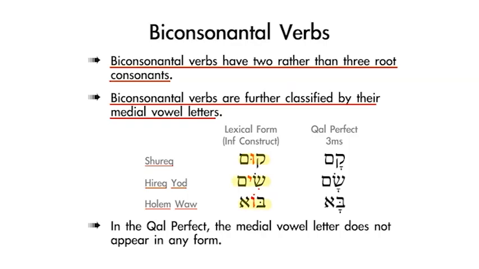Now in the qal perfect 3MS, you won't see that medial vowel letter. You'll only see qam, sam, or ba. So you'll have to connect the qal perfect 3MS form with the lexical form for now until we can see other forms with that. In the qal perfect, the medial vowel letter therefore does not appear in any form, as we'll see now.